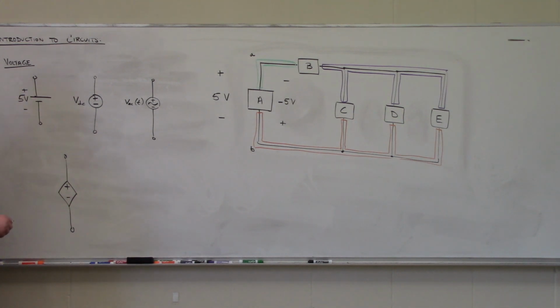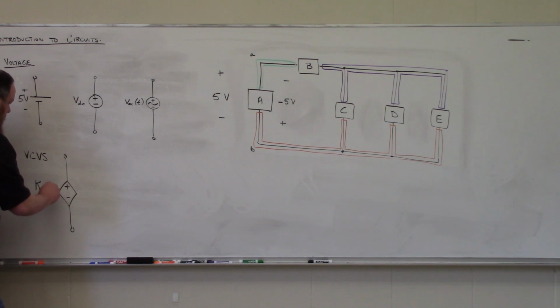Our first dependent voltage source is what's going to be called a voltage-controlled voltage source. Okay, VCVS stands for voltage controlled voltage source. And so there's going to be some factor K multiplied by some controlling voltage Vx in the circuit.